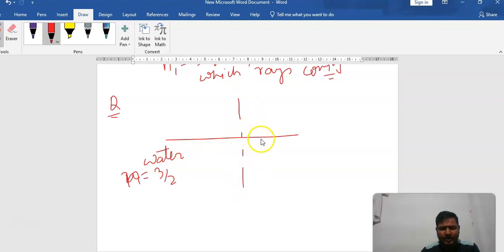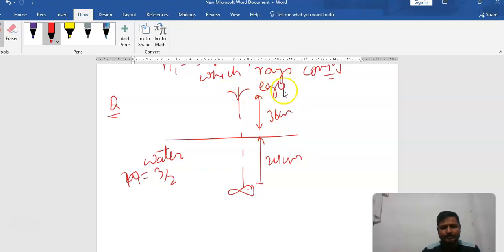At a depth of 24 centimeter from the surface, here is the fish. And at a height of 36 centimeter, here is the eagle. This is the air.